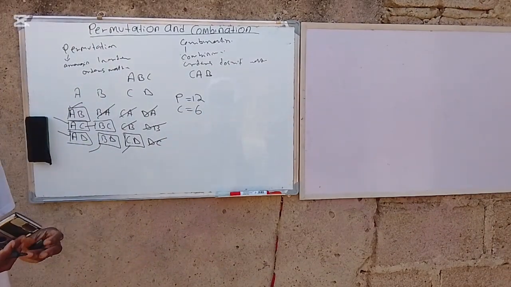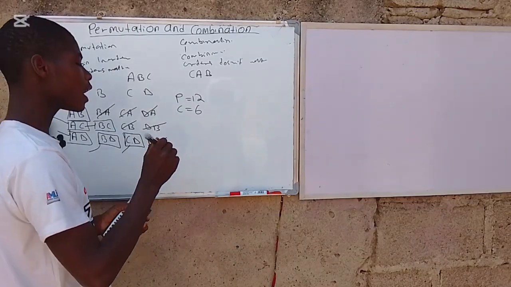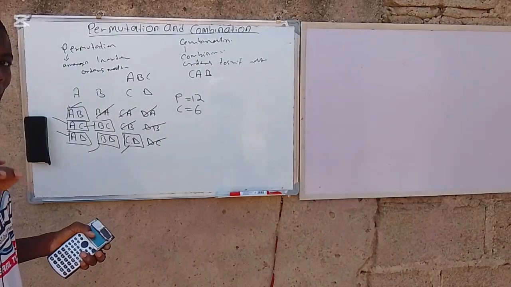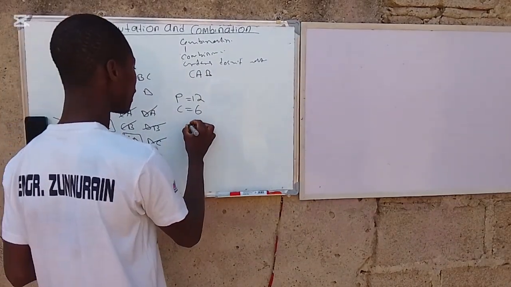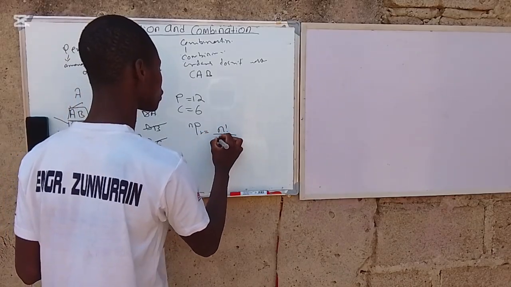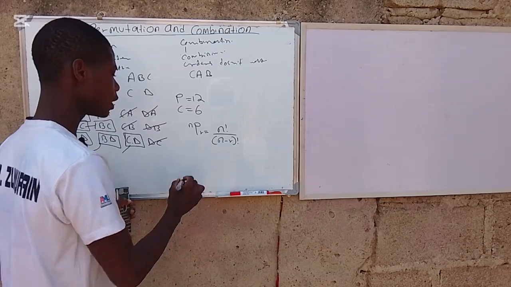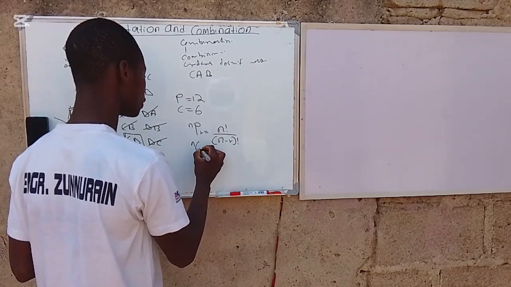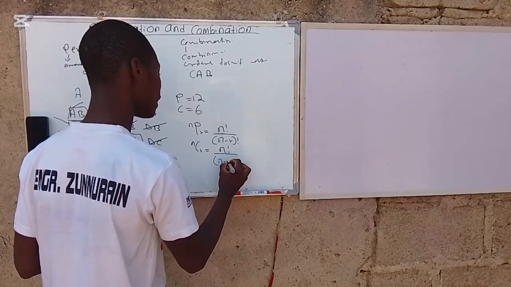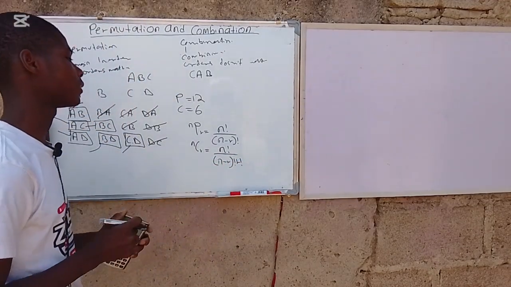I hope you get this. There are formulas for combination and permutation. The permutation, nPr, is equal to n factorial over n minus r factorial. But the combination should now be n factorial divided by n minus r factorial times r factorial.